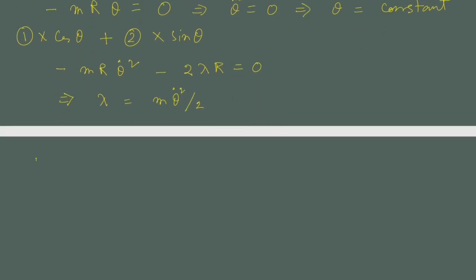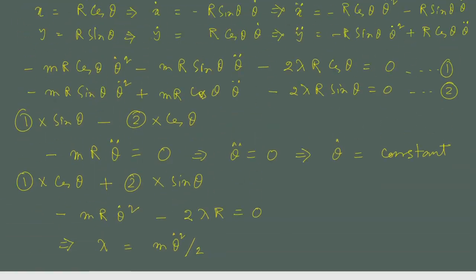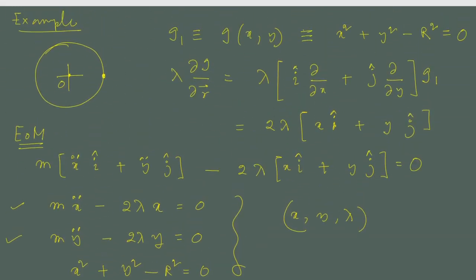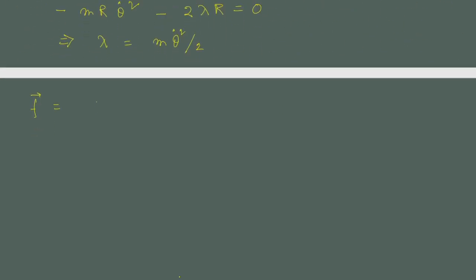So therefore the constraint force, going back, is 2 lambda x i cap plus y j cap. That would be 2 m theta dot square by 2, the factor 2 cancels, and x i cap plus y j cap is basically the r vector.